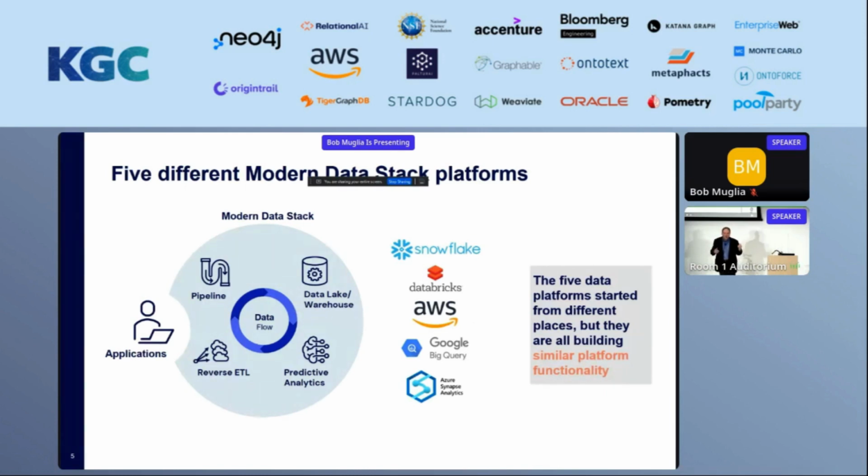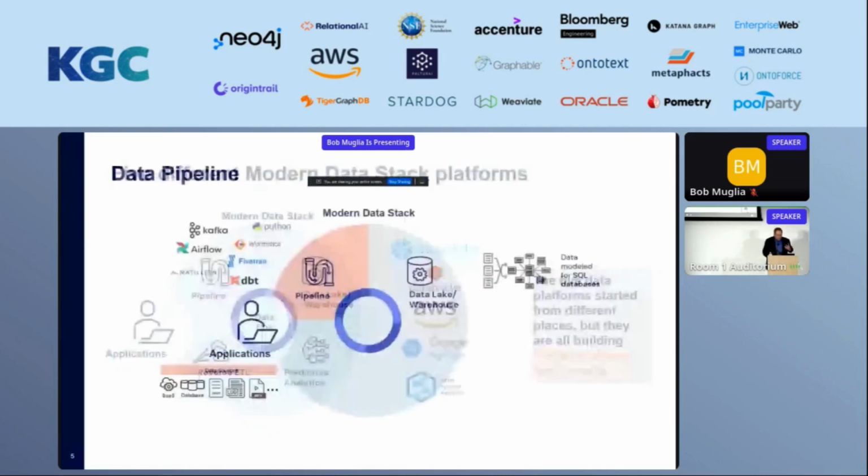Amazon was the Toolbox plus Redshift. And of course, Databricks started with Spark. They all started in different places, but they're all converging to build a very similar solution for customers. And customers in the next few years will be able to choose any one of these platforms and believe they can get their jobs done. And that's really important because it means that there's huge industry choice out there.